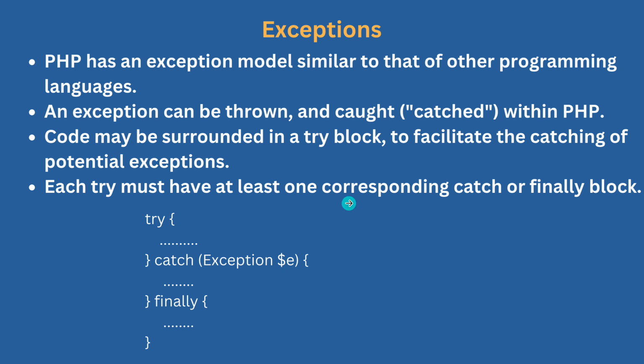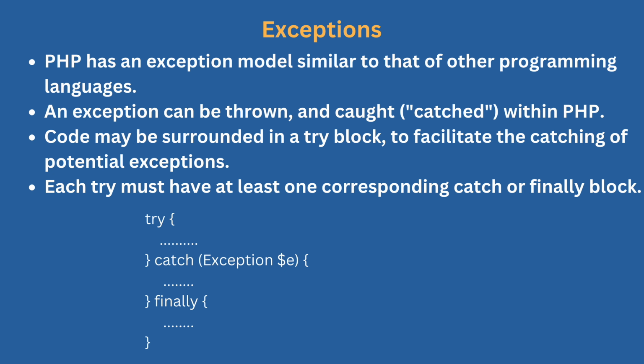So the code will be surrounded by a try block. This is a try block where your code will run, and whenever any problem happens, it will be caught in the catch section. For every try, at least one catch is required. There can be multiple catches because there can be chances that multiple problems occur in your code.